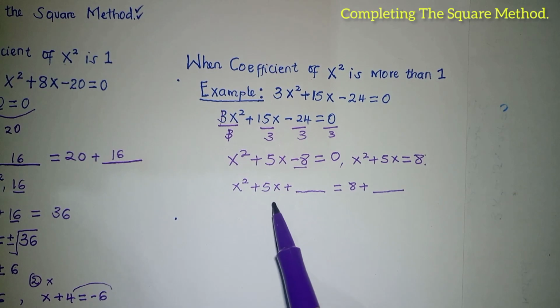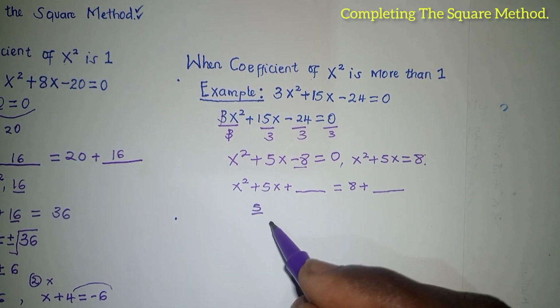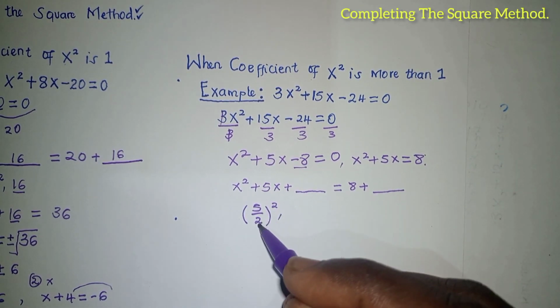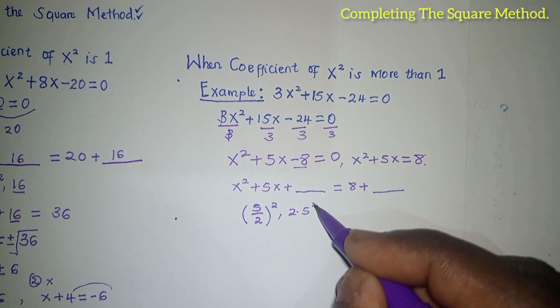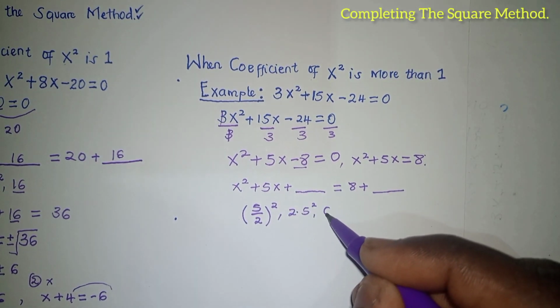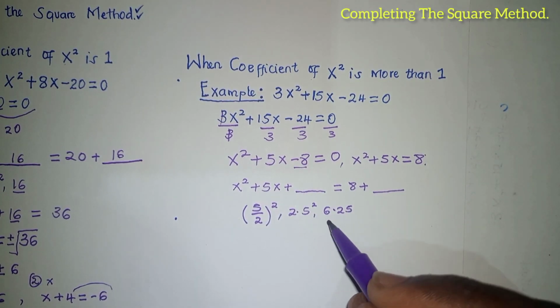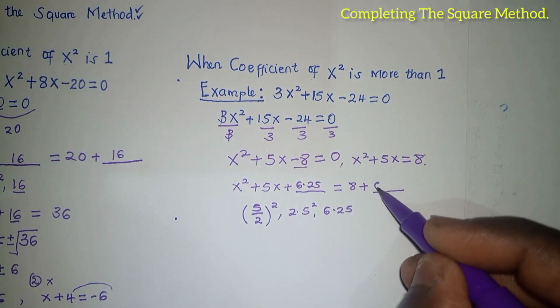The next step, take the coefficient of x, which is 5, divide 5 by 2, then square. 5 divided by 2 is 2.5, and 2.5 squared is 6.25. So on both gaps, I'm going to add 6.25.